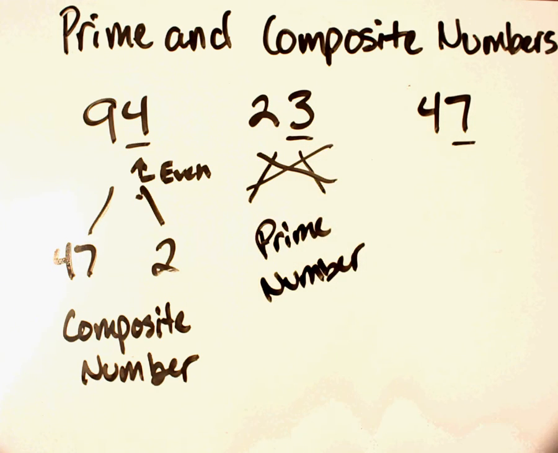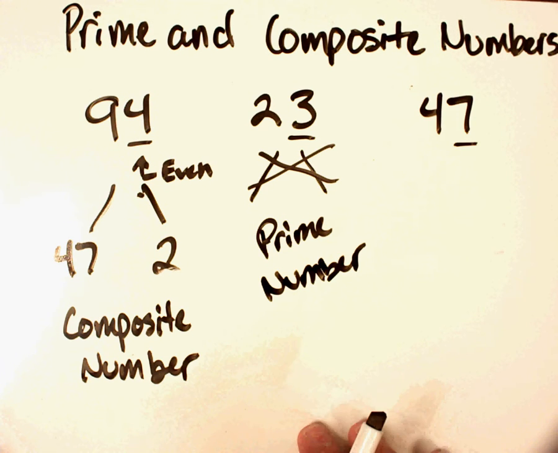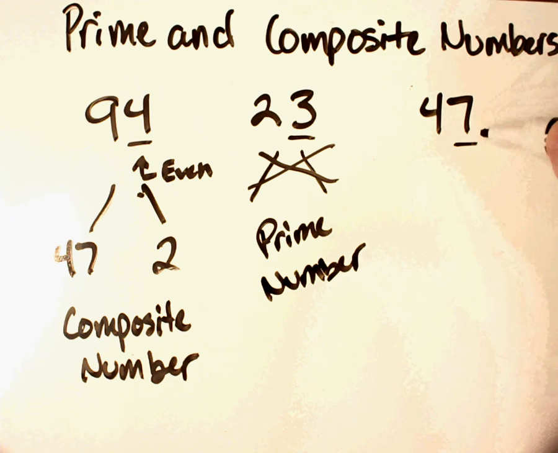All right, let's look at 47. So again, 7 is an odd number, so I can't divide by 2. Let's see.